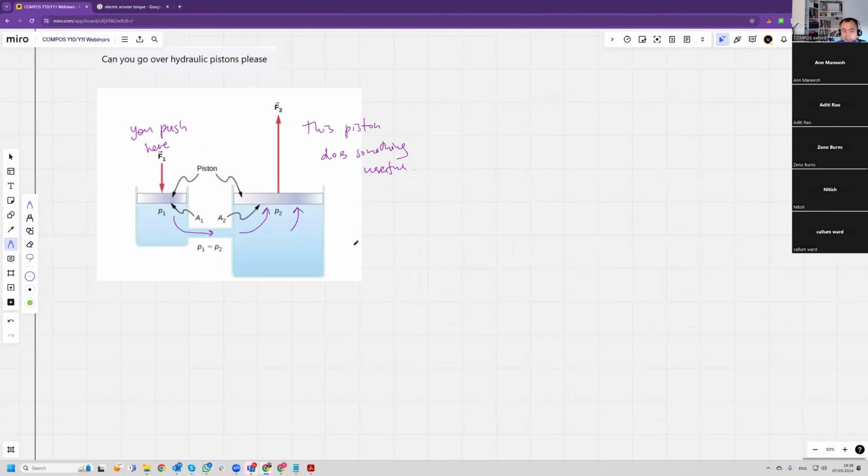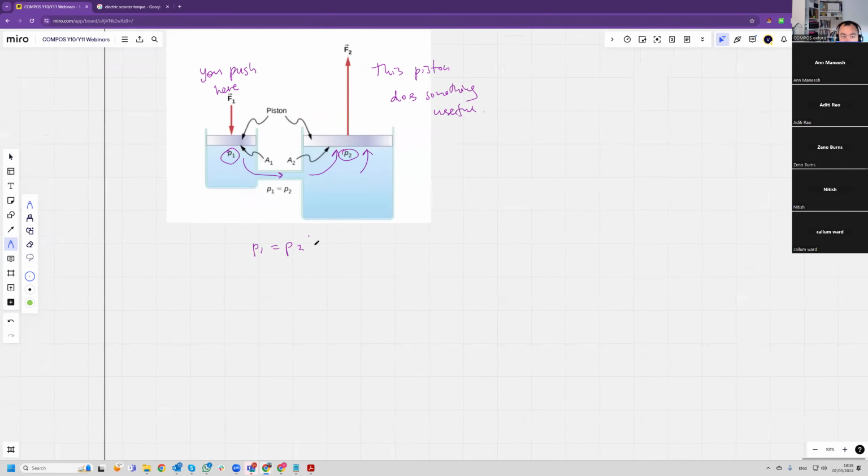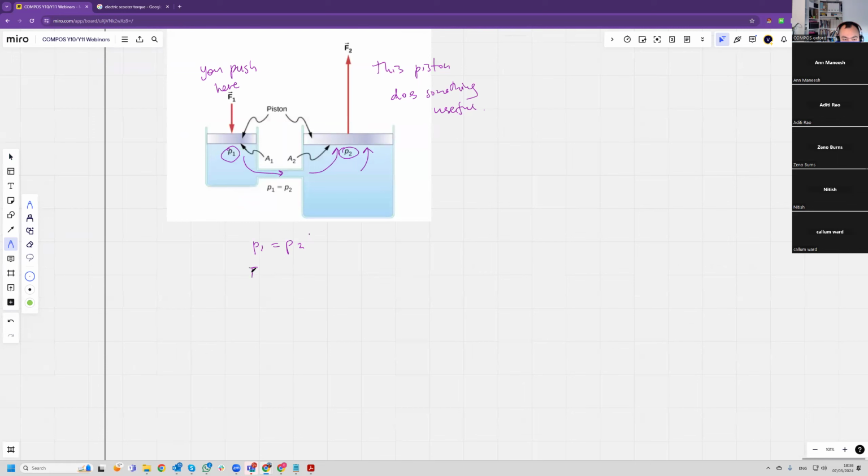And the interesting thing is, the pressure in both cylinders is the same. That's Pascal's law. So we have pressure 1 equal to pressure 2. But we know pressure is force divided by area. So it's force 1 divided by area 1, and it's going to be force 2 divided by area 2.